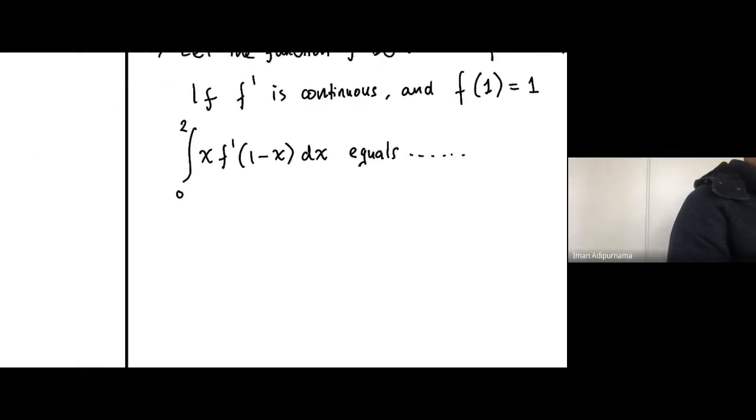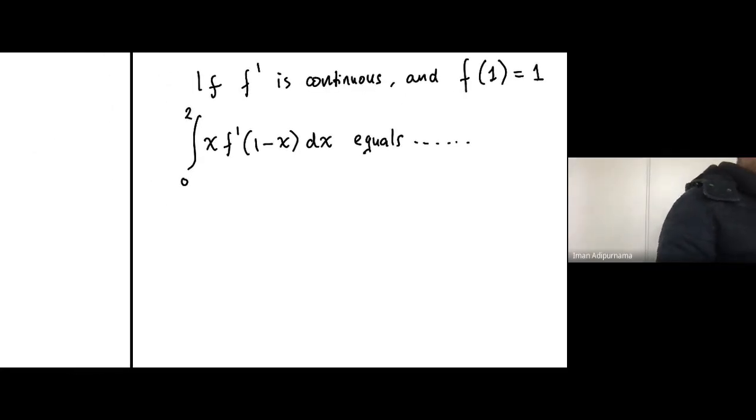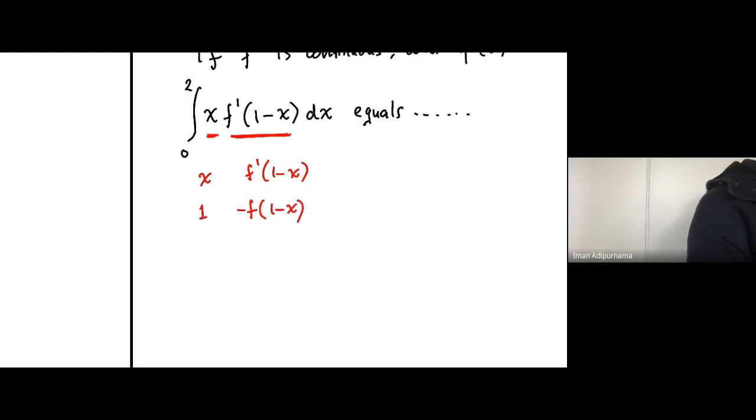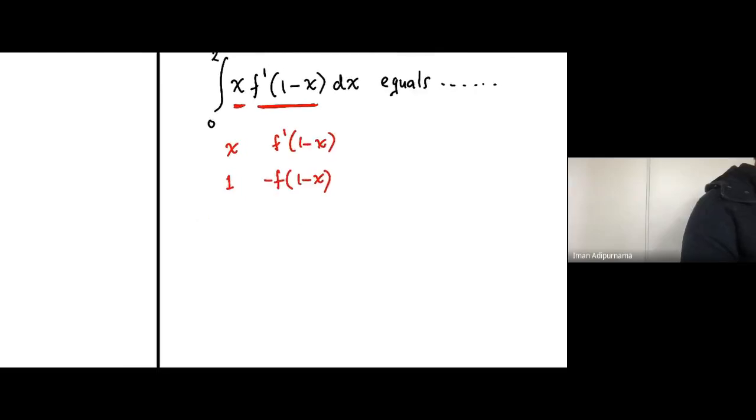Yeah, if you look at the question, you can separate this integration into two elements. So imagine the x is our differentiation, and the f prime becomes f and becomes negative, right? So I will set up the integration by parts.